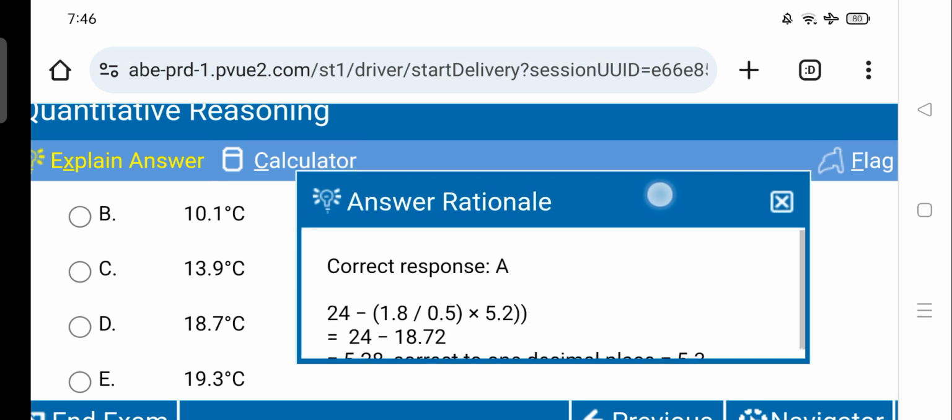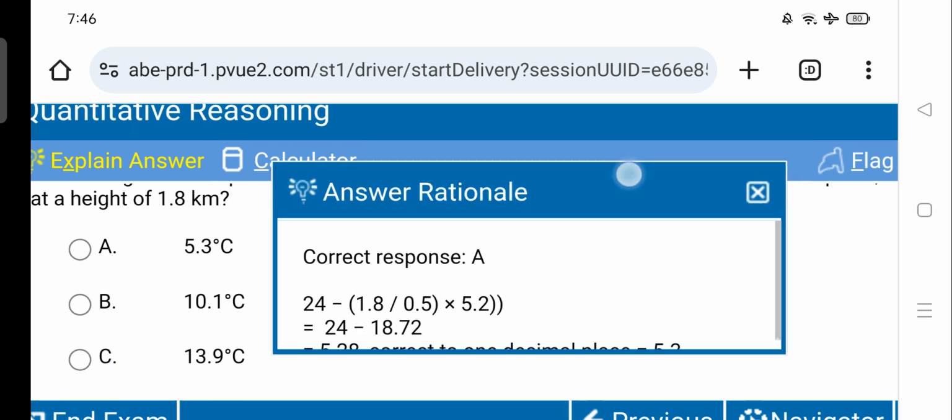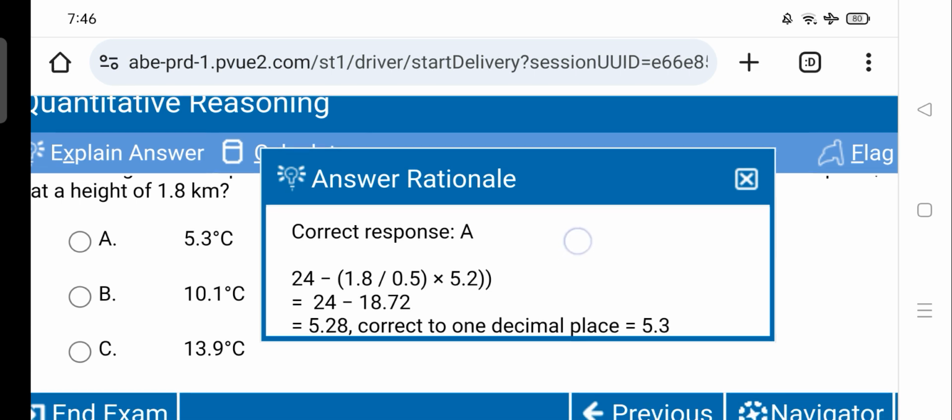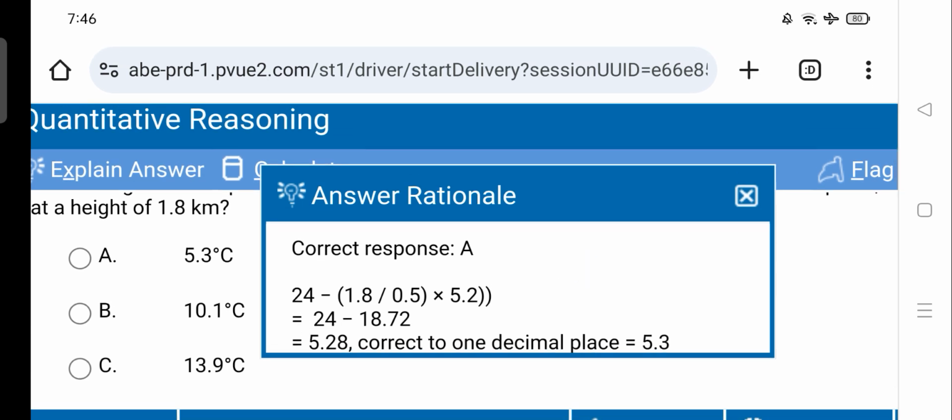The correct response we have is option A. 24 minus 1.8 divided by 0.5 multiplied by 5.2 equals 24 minus 18.72, which equals 5.28.